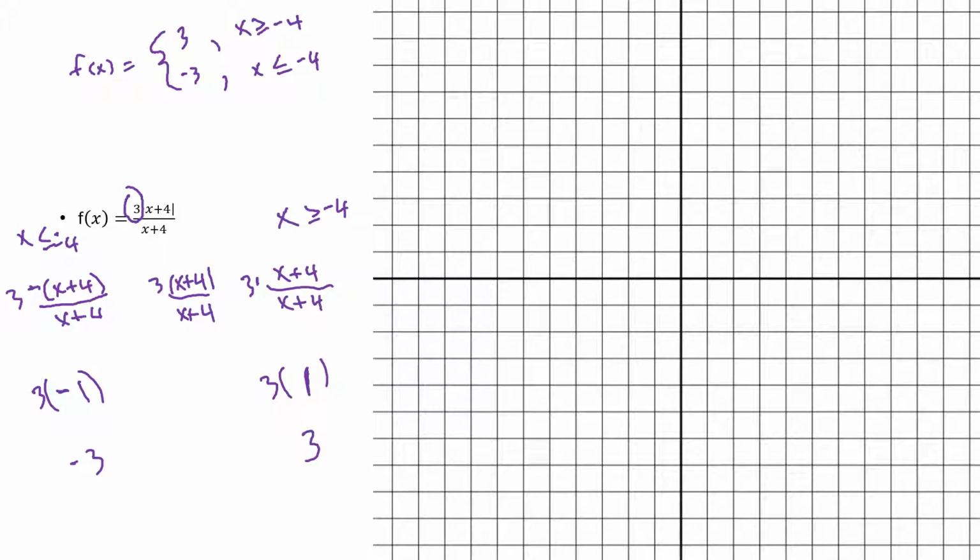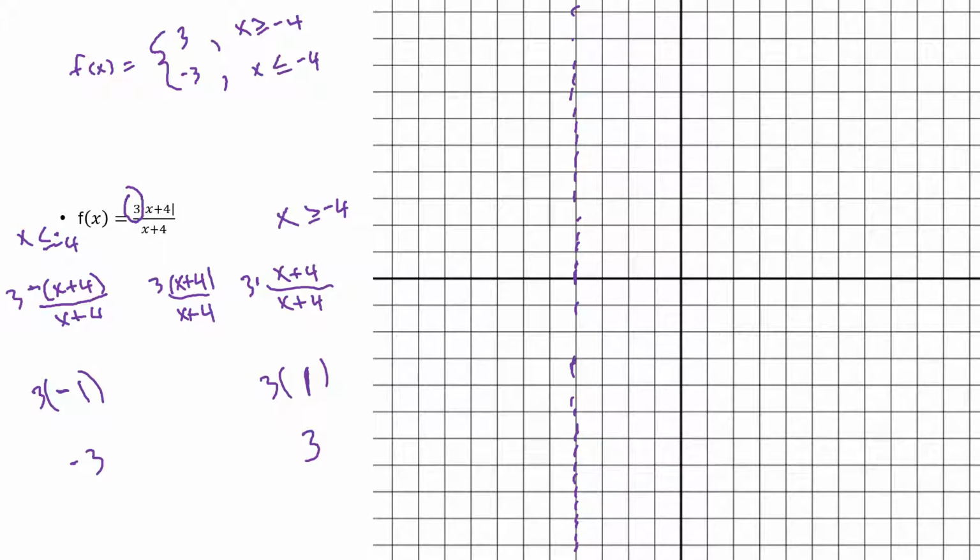And in terms of what that looks like, just like on the previous graph, at negative 4, we will have an open circle where our graph meets this particular line here.